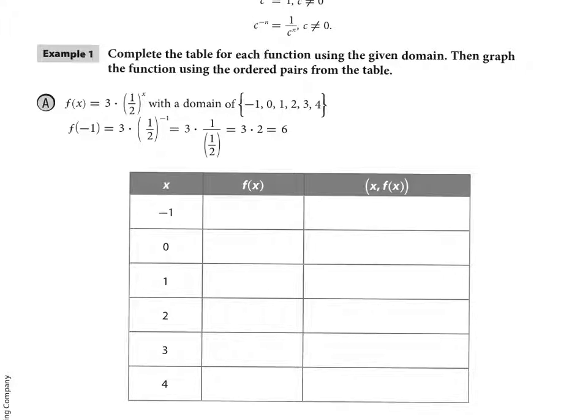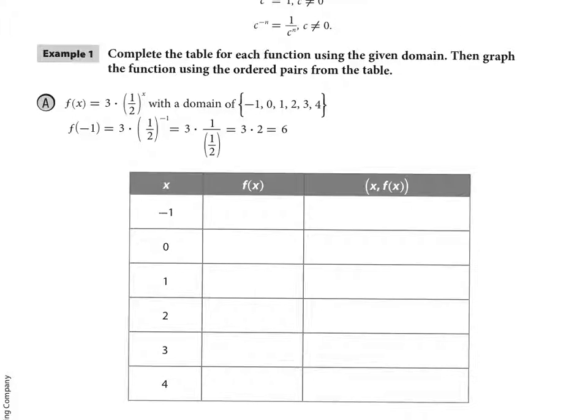So now I'm going to fill out the table for this particular function, 3 times 1/2 to the x. So here's our a, our b, and then the x being our exponent makes it an exponential function. So I'm going to do the first value by plugging into the function itself and calculating the value.